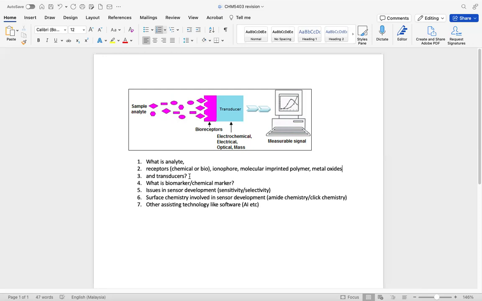And number 6, you also have to be very well versed in surface chemistry. Okay, so this one I hope that you studied the surface chemistry, especially we have discussed a lot on amide chemistry, but there is also what we call click chemistry. There are other chemistries as well, but you need to study these two.